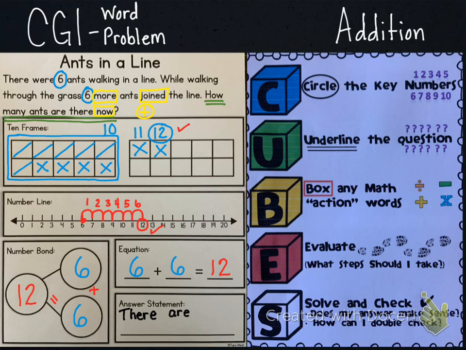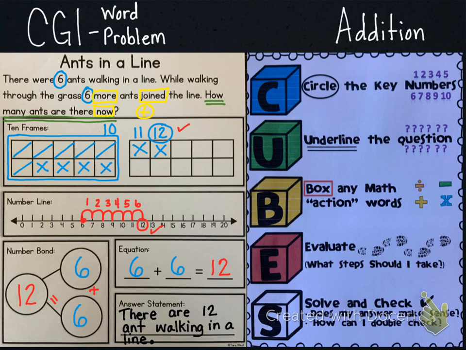There are 12 ants walking in a line, and I'm going to put a period at the end.